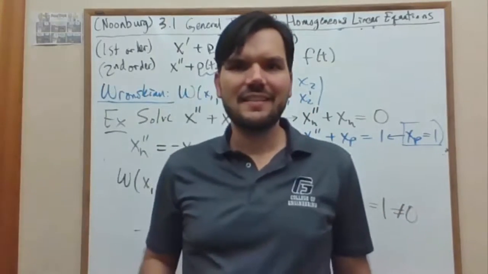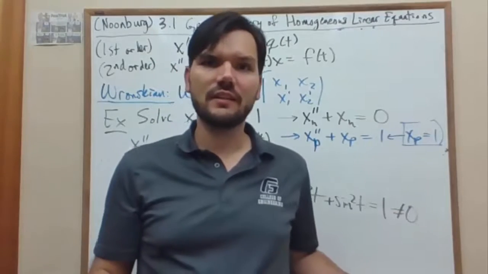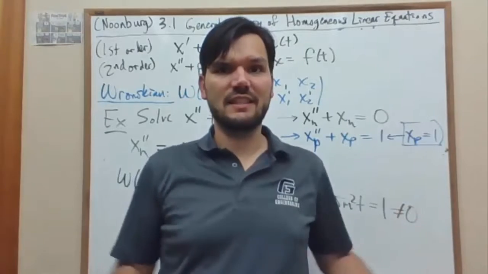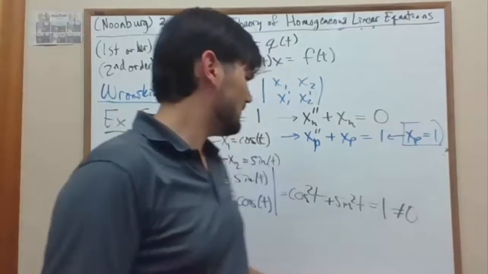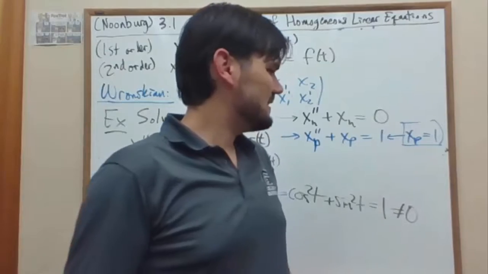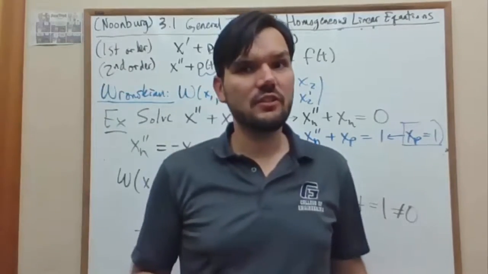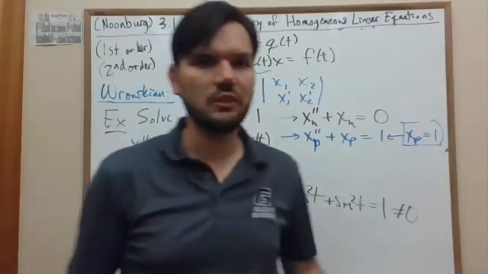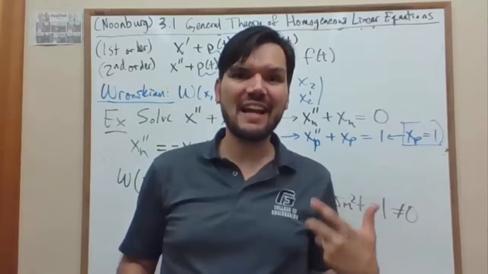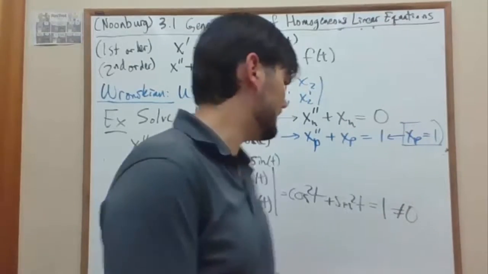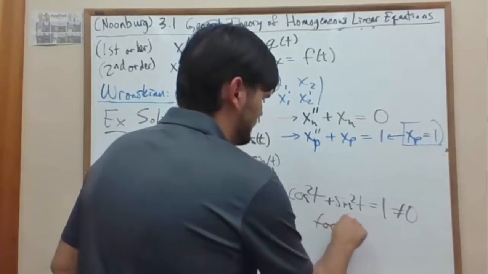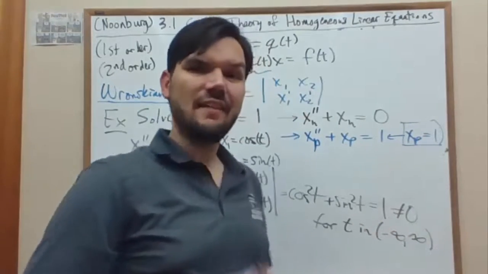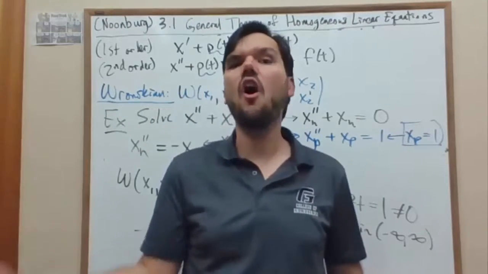Which means that our functions, sine and cosine, are linearly independent for all values of t. For all time, in a sense. Which means that as long as there are no discontinuities in our differential equation, let's check that. Nope, 1, 1. No discontinuities there. That means that our solution space can actually be negative infinity to positive infinity. So we can have the biggest solution space possible, all real numbers.